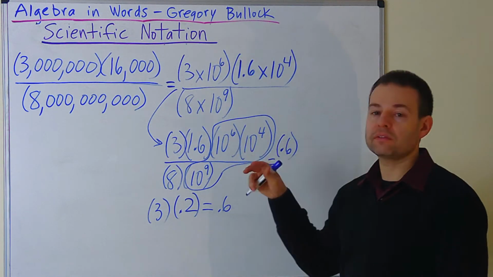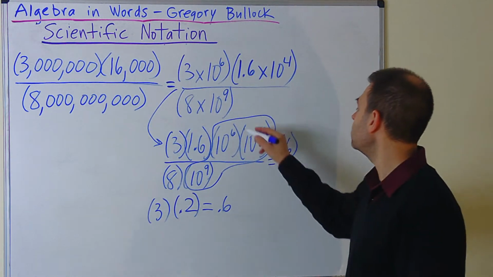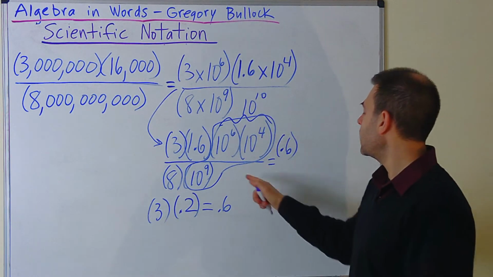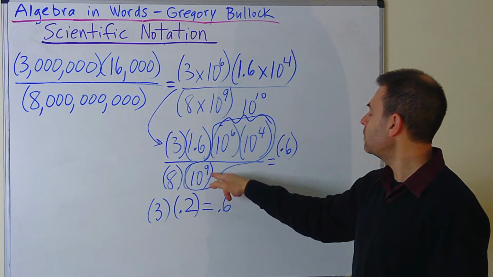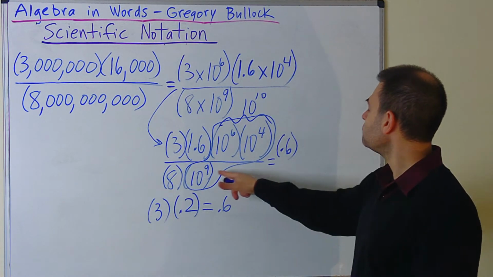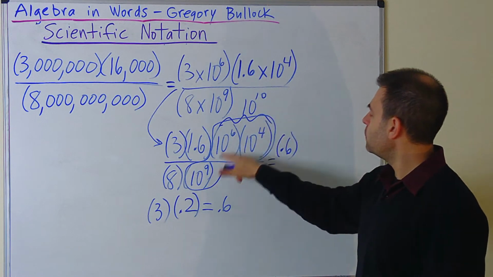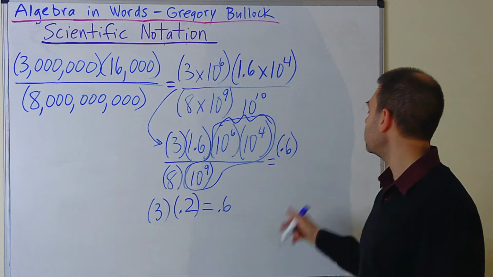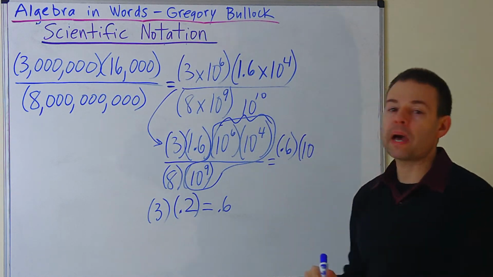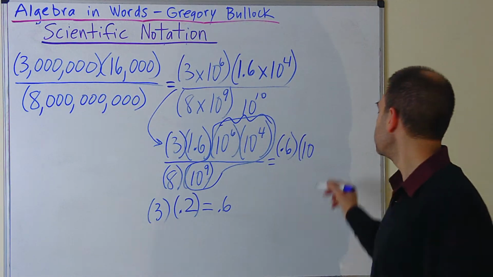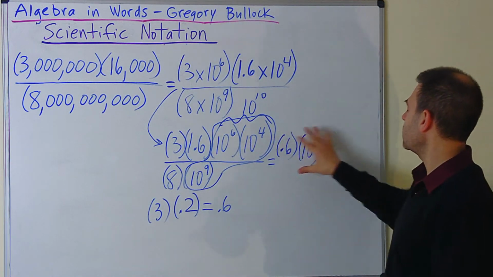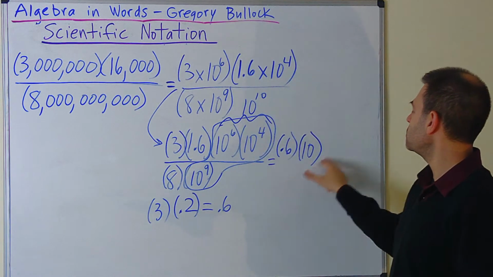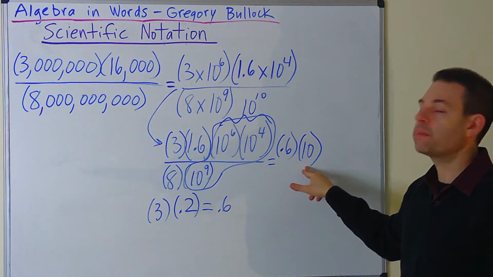So we're going to have 10 to the 10 in the top. And now in the bottom we have 10 to the 9. Now if you do the quotient rule and think of exponent 10 minus 9, then we get 10 to the power of 1, or you could just write 10. So thus far, everything that we've done has taken all of this and reduced it down to 0.6 times 10.